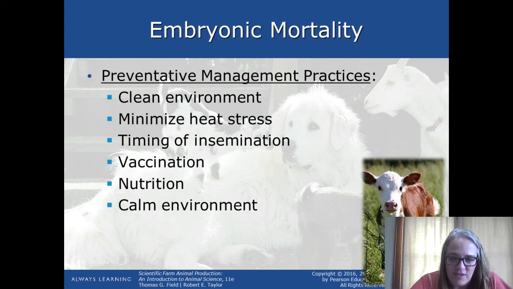Timing of insemination, be careful about vaccines and how those interact sometimes with insemination. We want to work on creating a somewhat stress-free environment in terms of when we're moving animals, when we're bringing them into groups, things that might cause that animal's body to not be able to focus on the uterus.